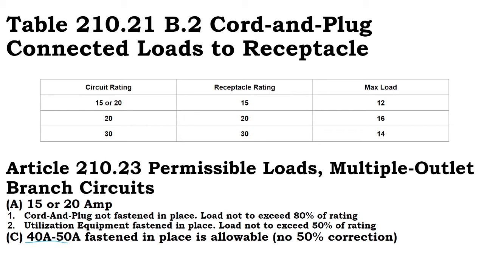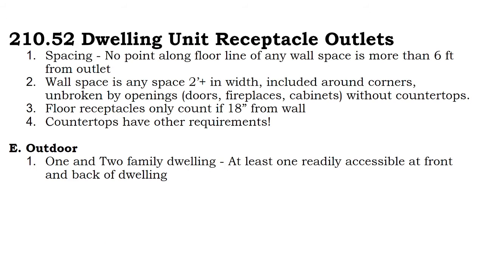Let's see. So larger appliances, 40 amp, 50 amp breakers, more often than not on dedicated circuits, have different loading requirements versus full-time hardwired devices that are on lower amperage breakers and ratings. So the larger you get, the more custom and specific the rules become.